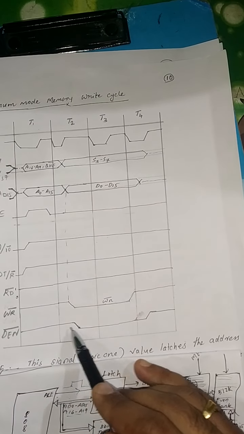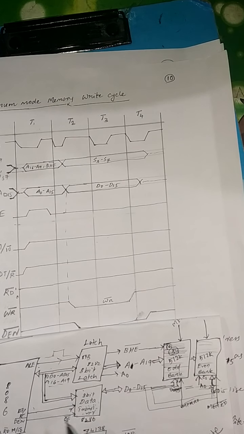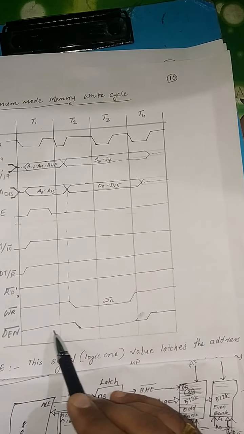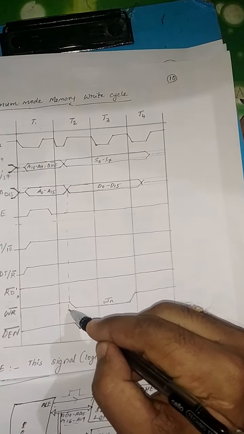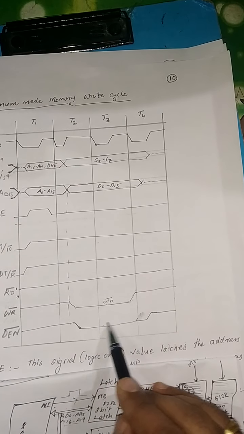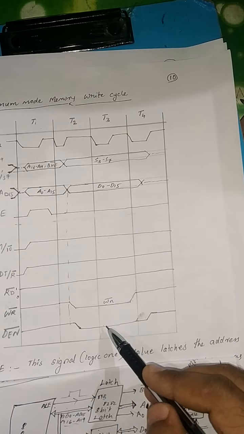Then data enable: data will be enabled through the DEN signal in the transceiver. In the same way, when the address is locating that location, after that we enable the data to be transferred to the data bus.